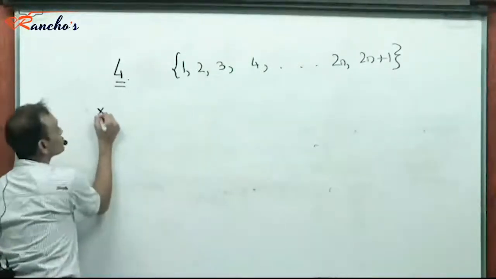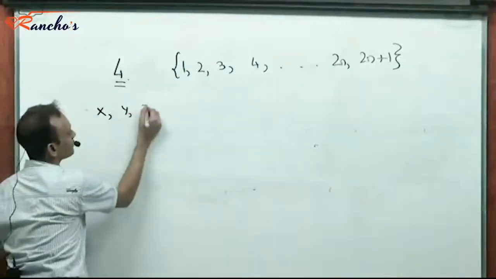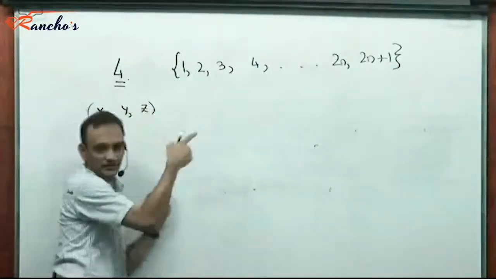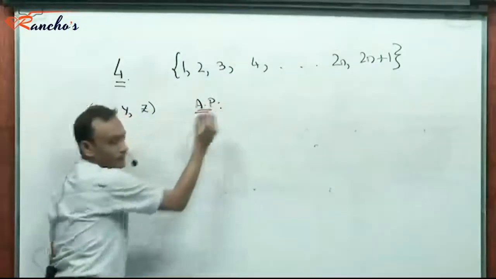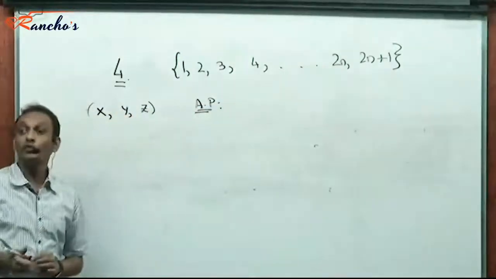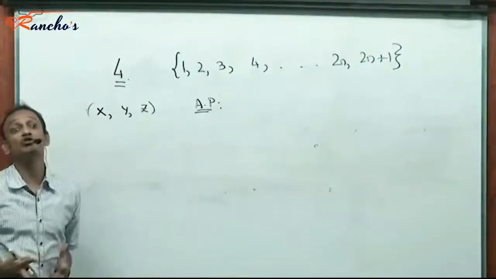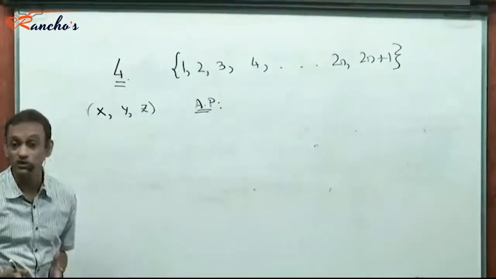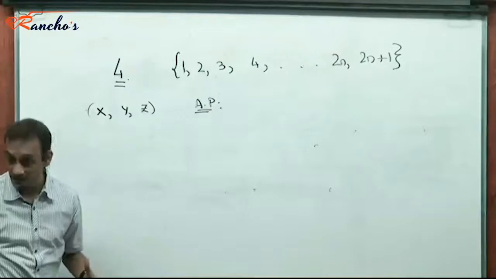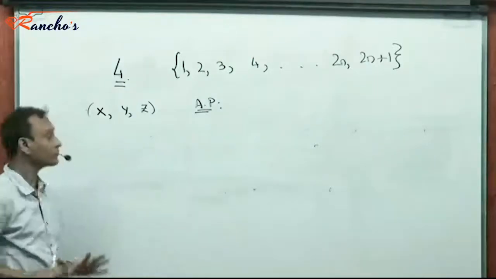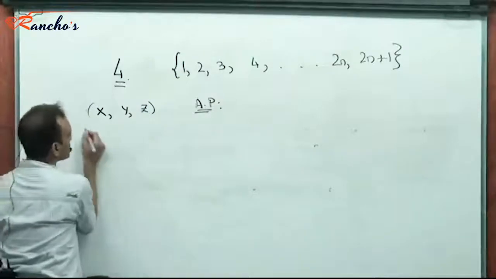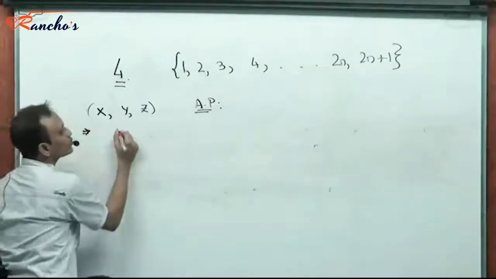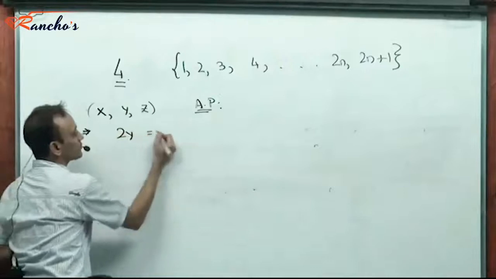Suppose the three numbers that you select are x, y, z. From this set, you select three numbers x, y, z that are in AP. The question is, how many such sets of x, y, z could be selected? Now, if they are in AP, one thing that is guaranteed is that 2y is x plus z.